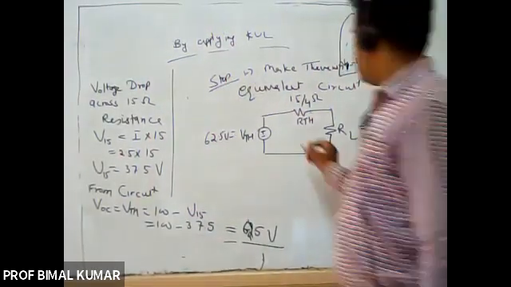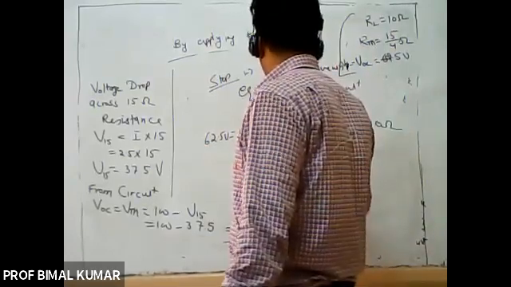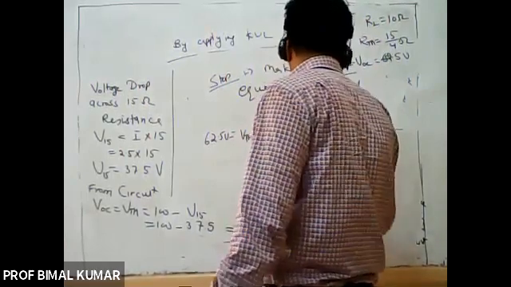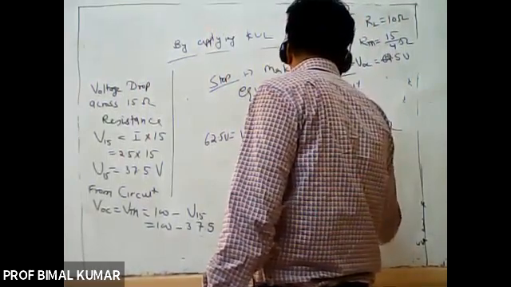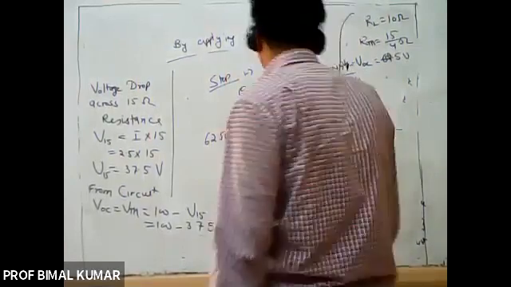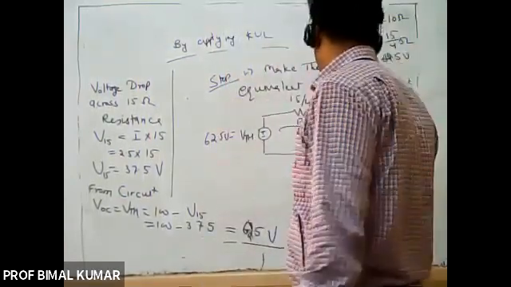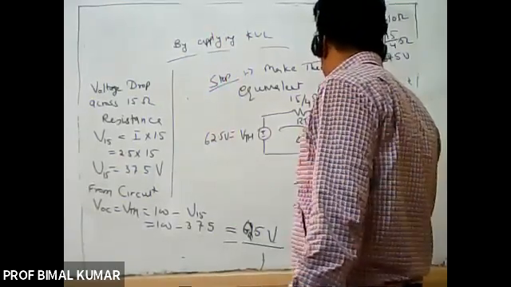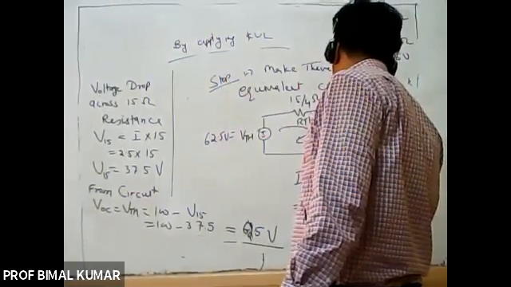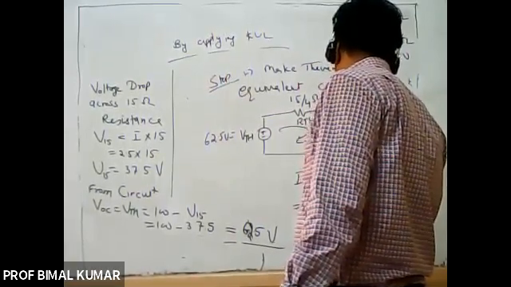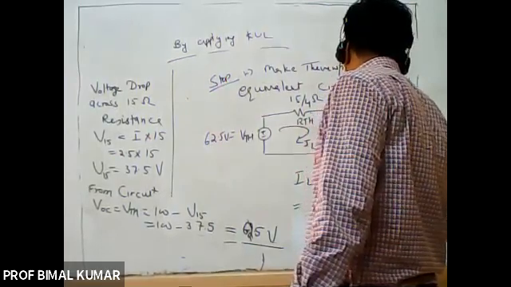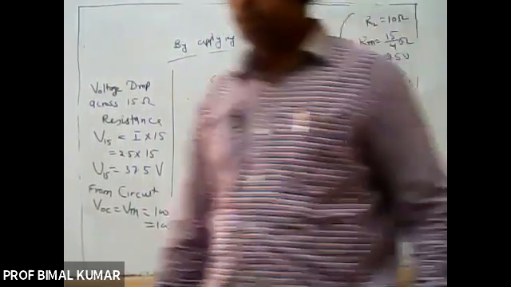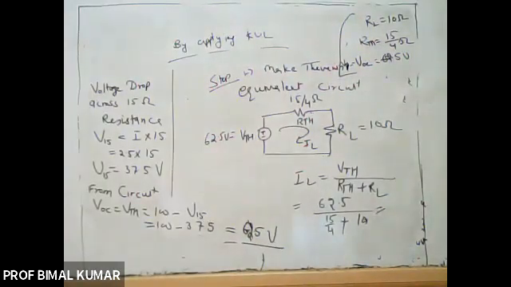Right? And I need the current, so IL is equal to VTH divided by RTH plus RL, that is equal to 62.5 divided by 15 by 4 plus 10. So you may calculate it. That is the value of this load current.